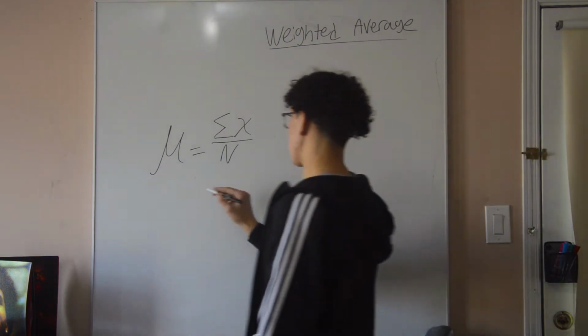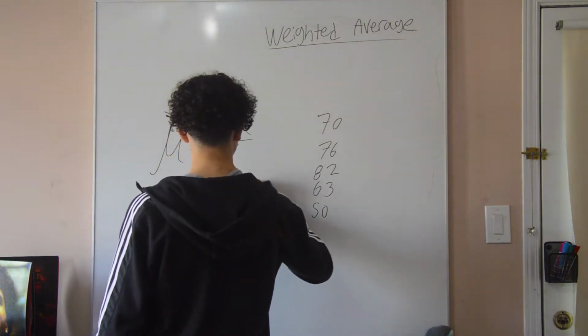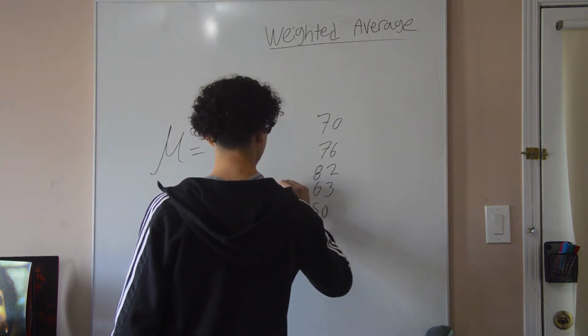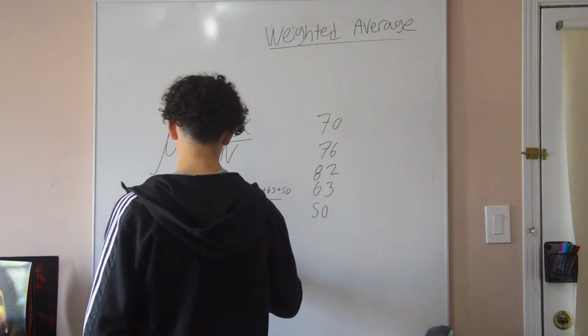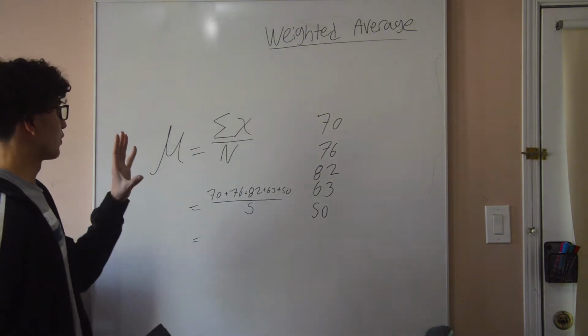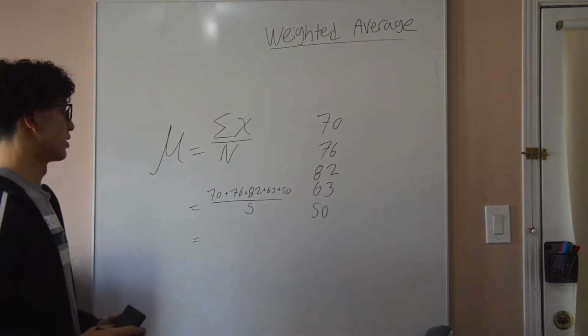That's it. That's what it's saying. It's saying the sum of x, so 70 plus 76 plus 82 plus 63 plus 50, all this divided by 5. And then from here we get our answer. So this is the general equation for mean when it comes to a population.